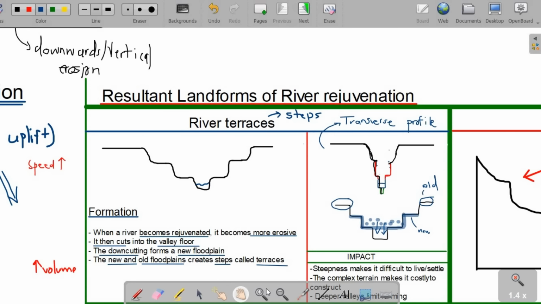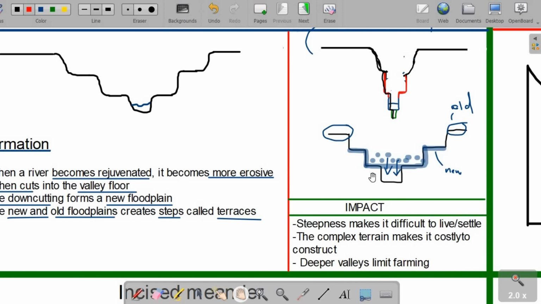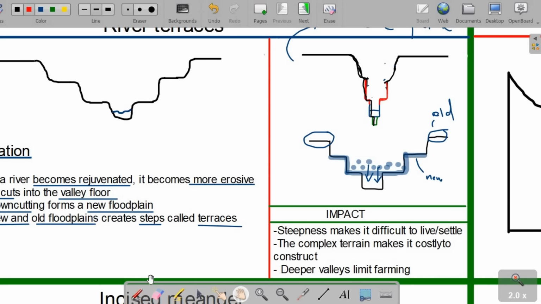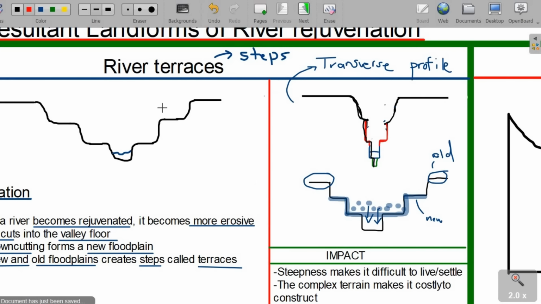Now this has implications on the economy of the country, what can be done and what cannot be done. Whenever you have river terraces, you can imagine these can become really steep. Is it possible for us to construct, let's say, a railway or a road? Due to the steepness, it makes it difficult.